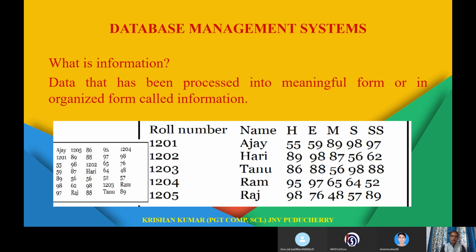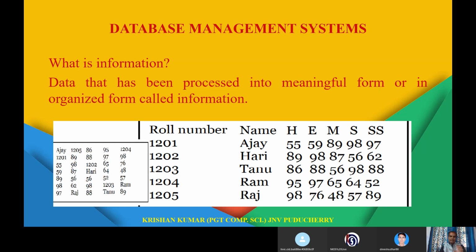Left side you can see the unorganized data and right side you can see the organized data. I have given the roll numbers 1201, 1202 like that. Names I have arranged properly. According to name, I have arranged the 5 subject marks as per the roll number, name and student wise. So this is called meaningful data.